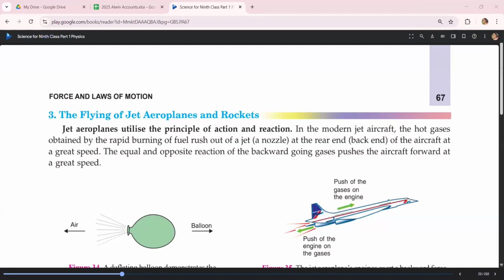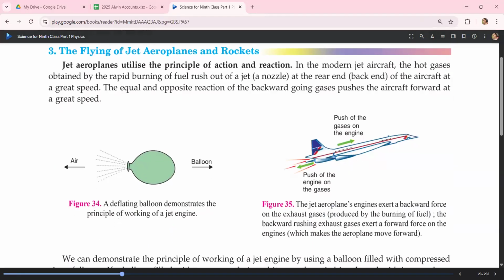Now we are talking about the flying of jet aeroplanes and rockets. How do they fly? See, for such a machine to go with such a speed, or go in a direction opposite to gravitation, you need a very high force to go forward, right? And the fuel alone is not good enough to do that task. The fuel alone cannot carry such a big load against gravity. So what do we do when we start the engine?